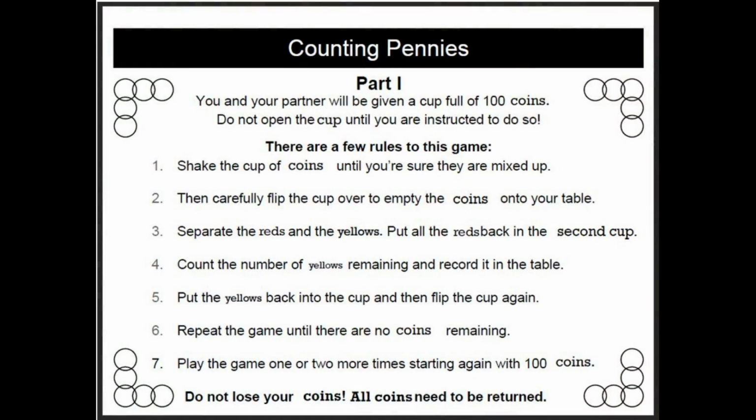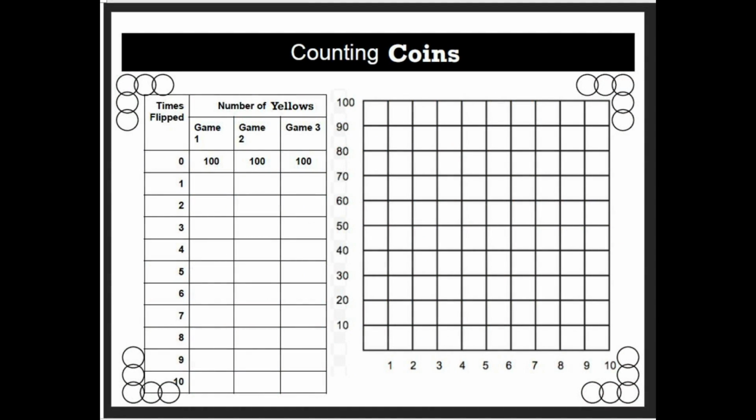All right, so for this activity, you are going to need 100 pennies, a container, the activity sheet, which is attached to this video, and a pencil and somewhere to write so you can jot down some notes.